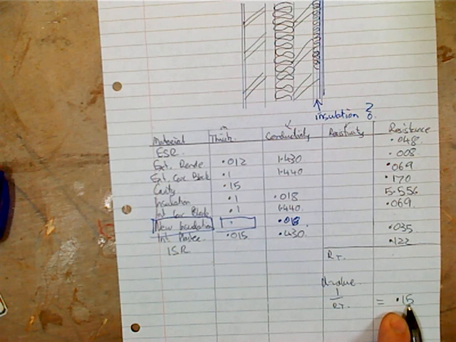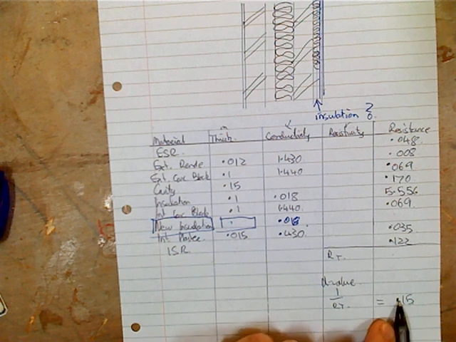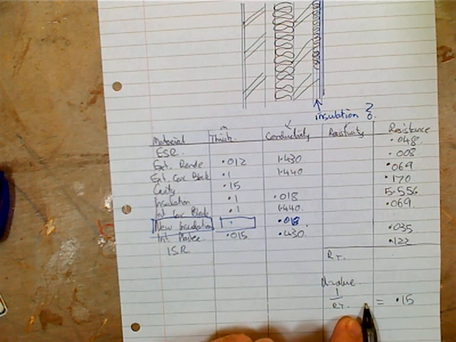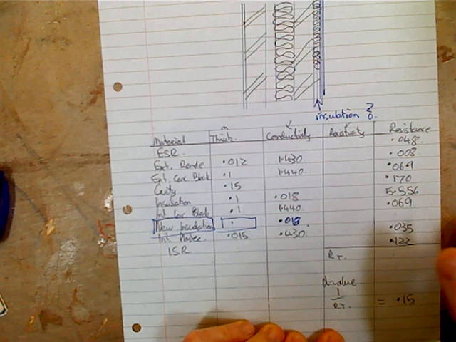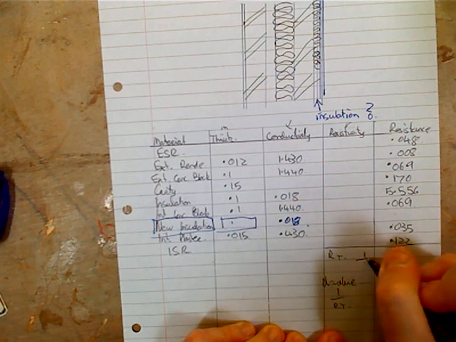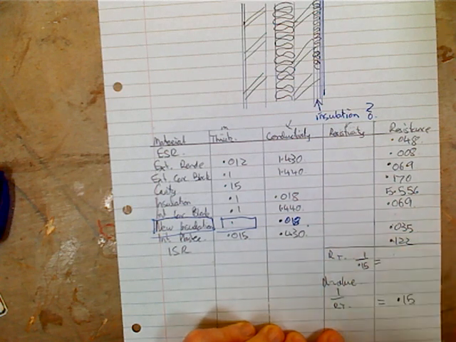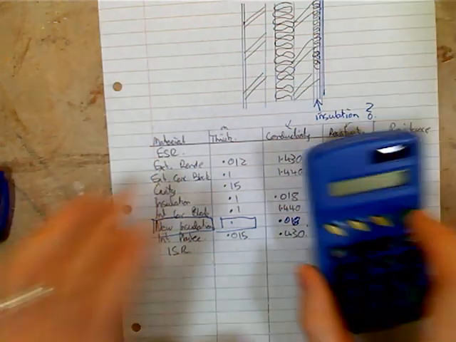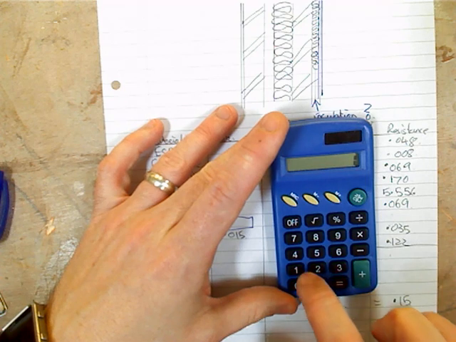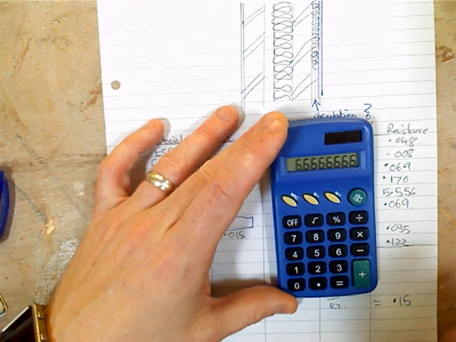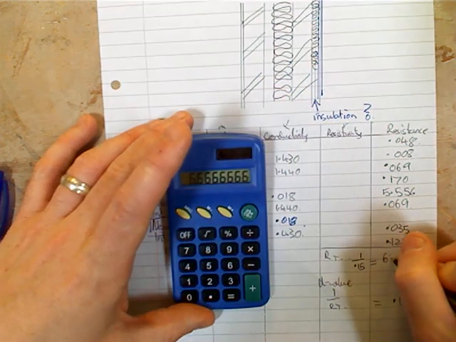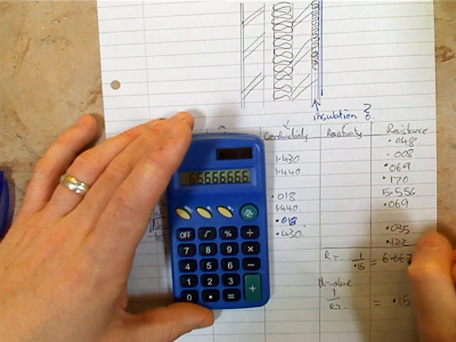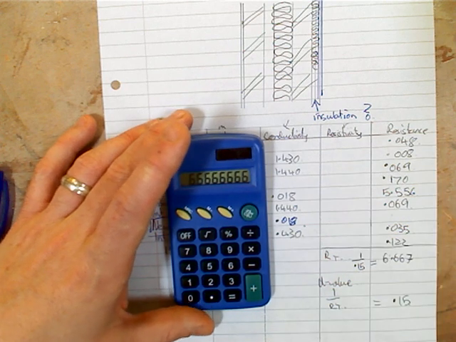To work backwards, all you have to do is put 1 over that value, and it will find you what the R total is. So to find the R total, 1 over 0.15 will find it for you. So if I take my calculator, and I take 1 divided by 0.15, I get 6.667. Is that all right?